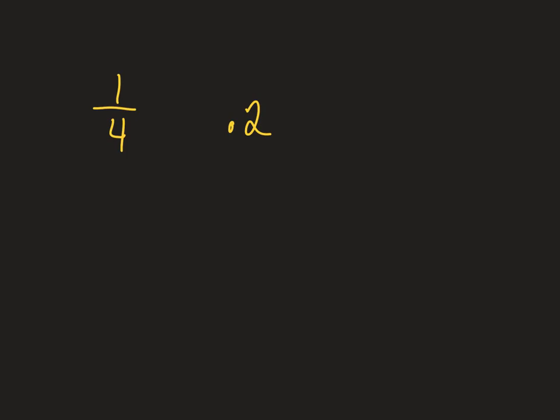So the book will give you a question like this. Compare 1/4 and 2 tenths. Well, you have to make them both match. Now you could make them both be fractions with common denominators, but that's not my favorite method. My favorite method is to change this guy into a decimal. Remember, we change him by dividing, or we change him by remembering that he's one of those easy ones.